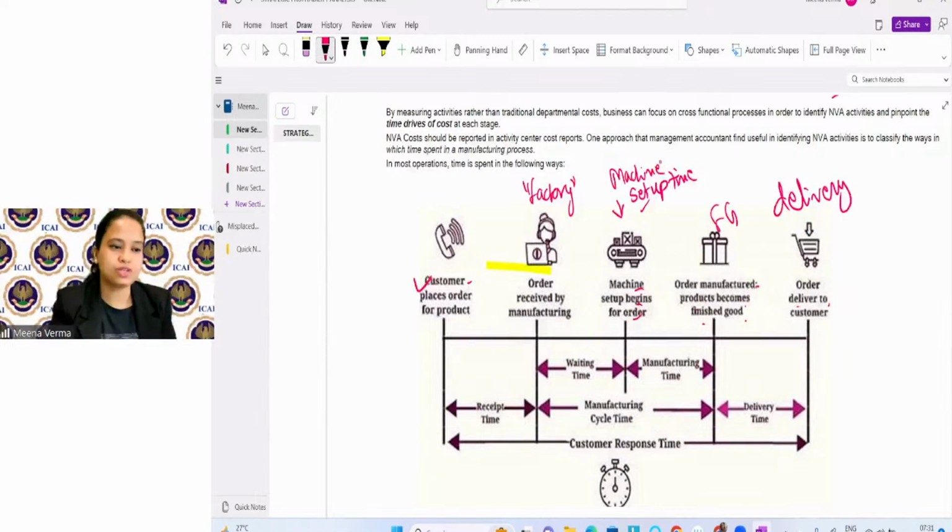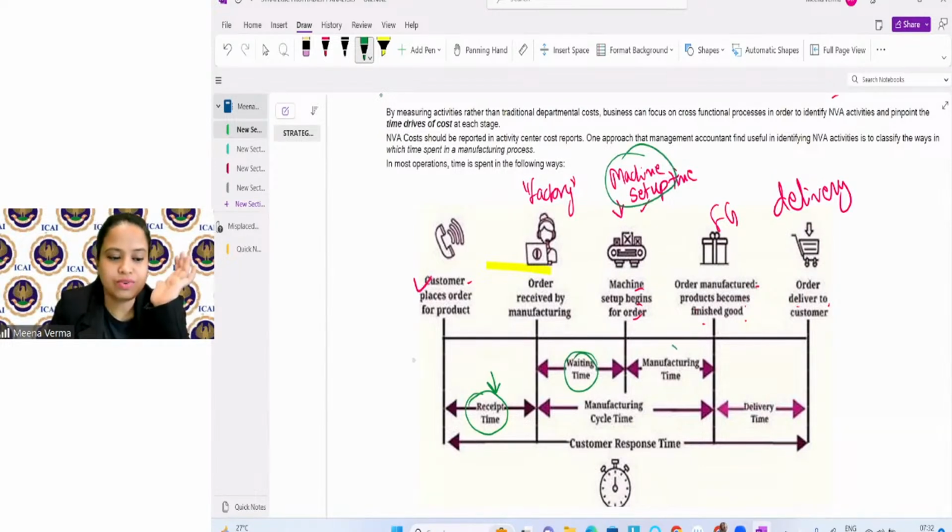This is completely a process of a company. Now what is happening here? They have mentioned certain terms here, like receipt time. When you order the product, we first have receipt time. Then waiting time. Waiting why? Because the machine will take time to set up.